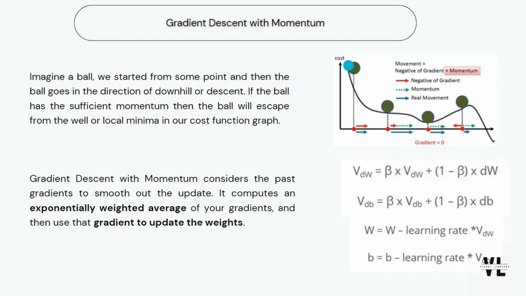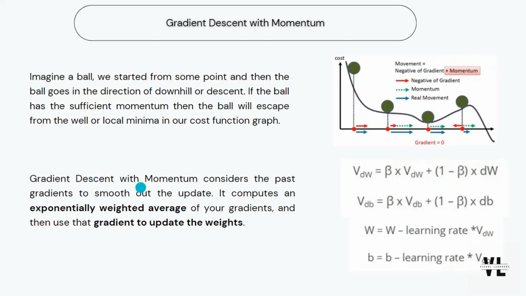So if the ball rolls down in a valley, then when you reach a local minimum point, if it has enough momentum, then it's going to escape that local minimum and roll down until it finds the global minimum. So you can basically assume that the momentum term is going to help us to escape the local minimum.